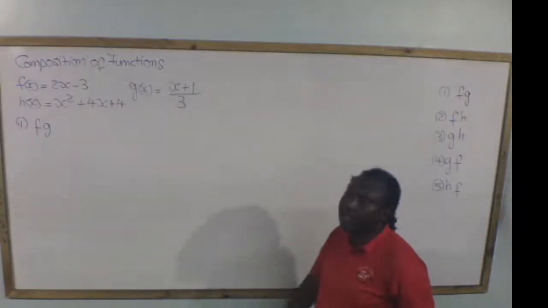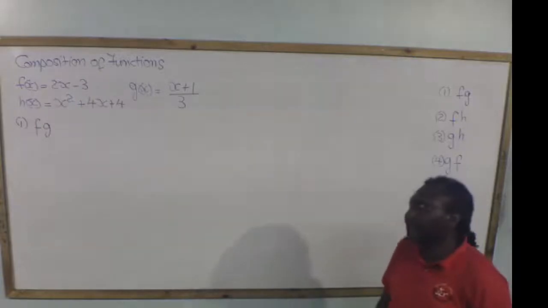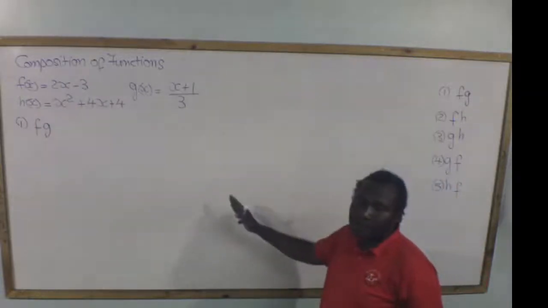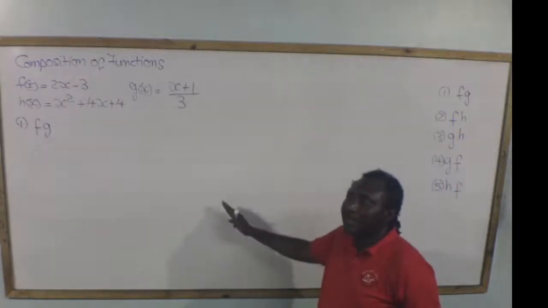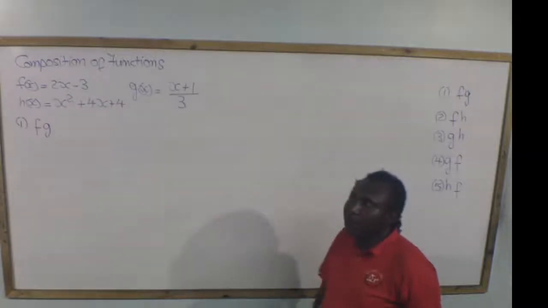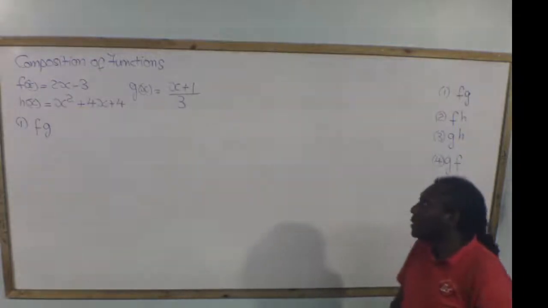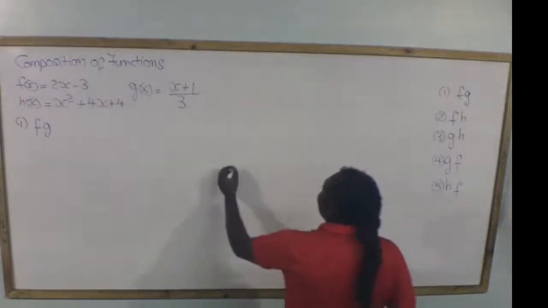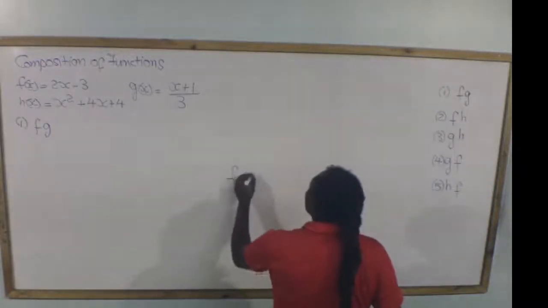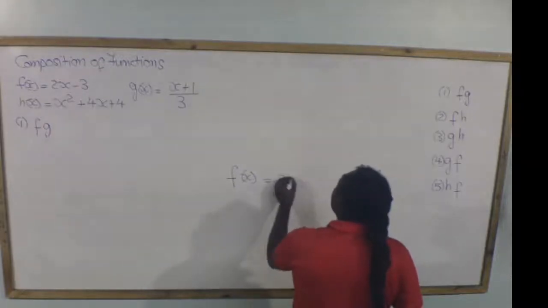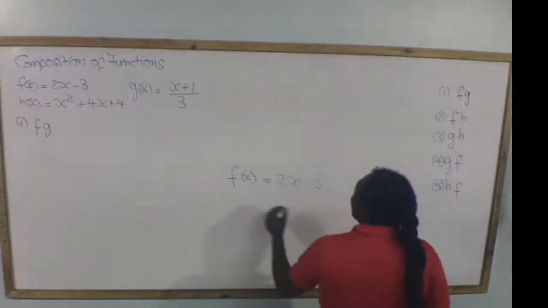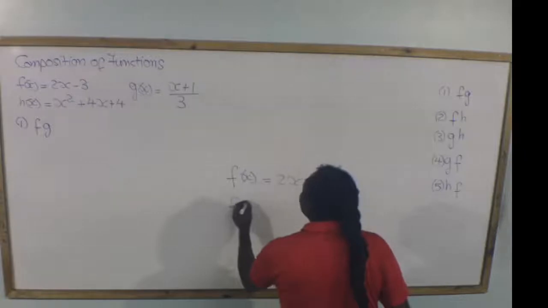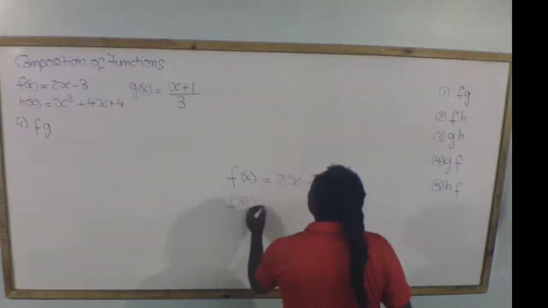Composition of functions is the entire activity of a function operating on another function. What we are most often accustomed to is having a function like f of x is equal to 2x minus 3 operating on a number like 5.